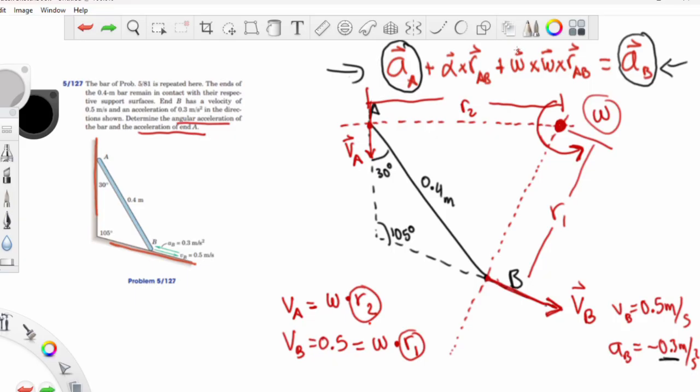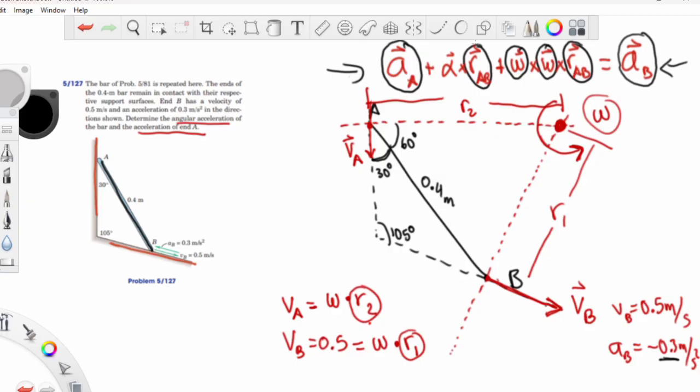And our angular velocity, which we already know, our distance RAB, which is the length of the bar in the direction that is given by the example, 30 degrees down, and well, really 60 degrees down from the horizontal. And all of these terms we know.